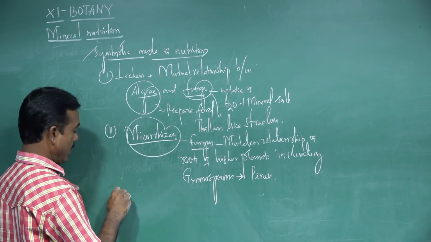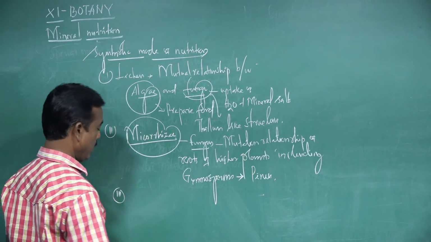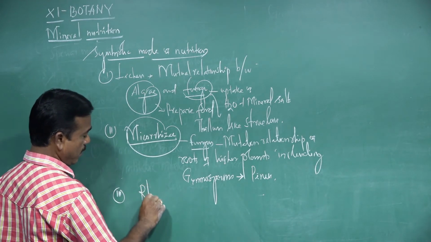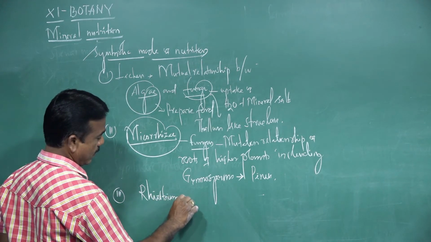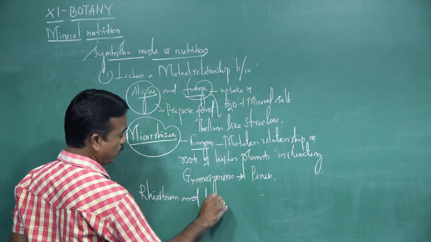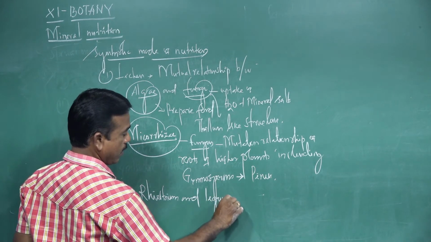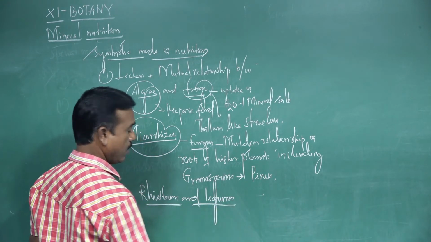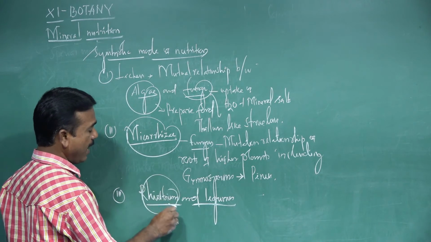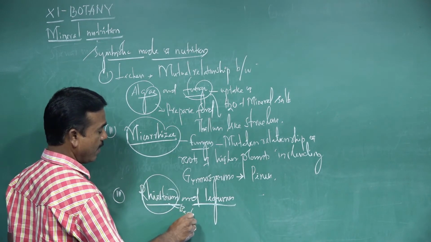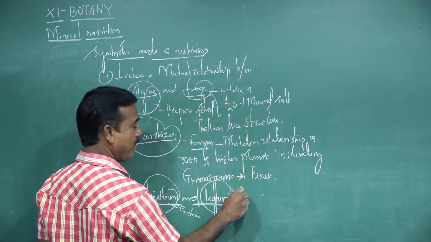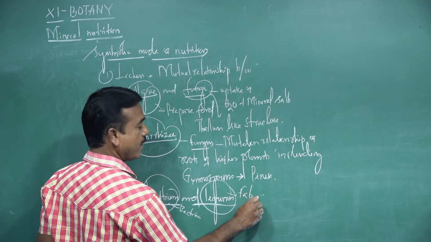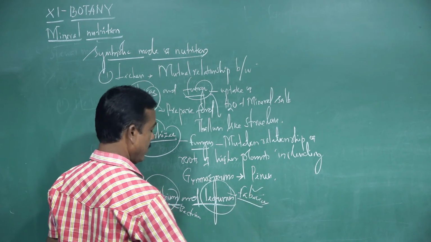The third one is commonly called rhizobium and the legumes. Rhizobium is a bacterium. Legume is a leguminous plant, which comes from the Fabaceae family.